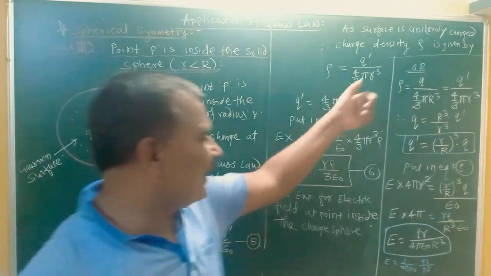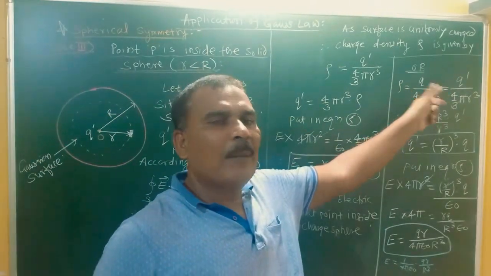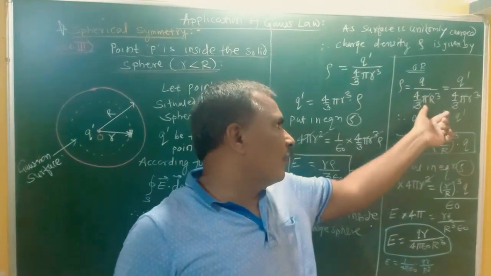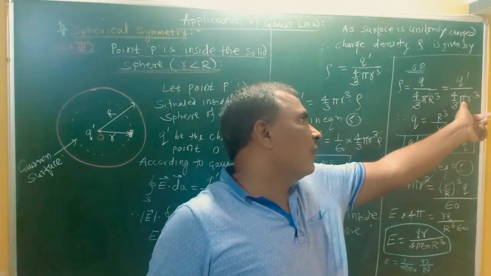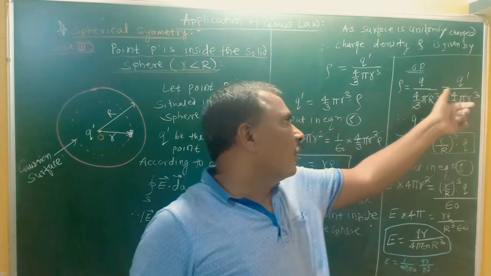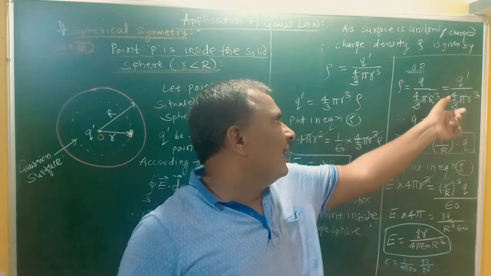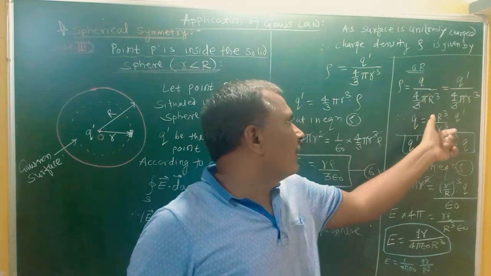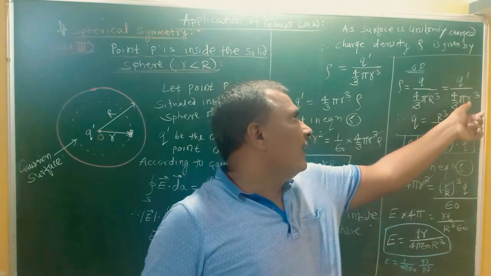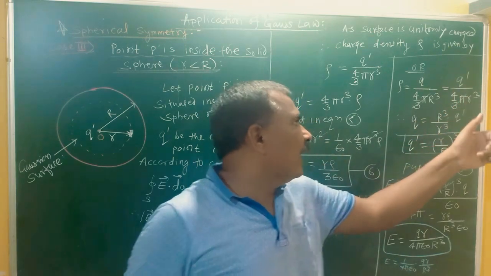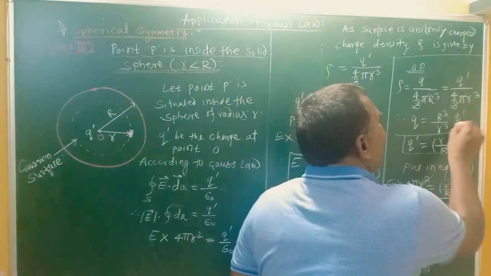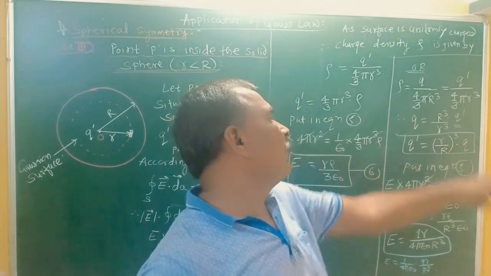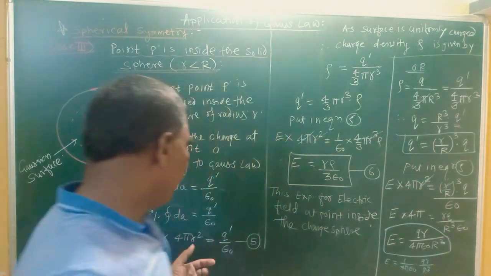Or this can be written in another form. Basically the charge density on the sphere, inside and outside, is Q upon 4 by 3 pi R cube, and here Q dash upon 4 by 3 pi r cube. 4 by 3 pi gets cancelled. So Q upon capital R cube equals Q dash upon small r cube, and from this we find Q dash, which is r upon R whole cube into Q. Put this in equation 5 again.